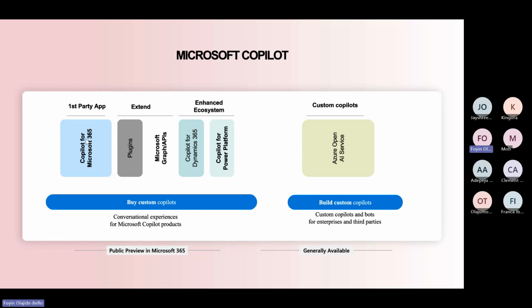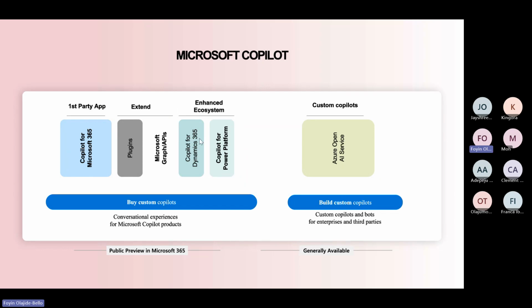That's Copilot in your Word, Excel, PowerPoint, OneNote, Whiteboard, Teams, all of that. There's the Microsoft 365 Copilot that covers all of that. And then you can decide to extend the use of Microsoft 365 Copilot with plugins, with Microsoft Graph APIs, and even with Power Platform as well to do more.